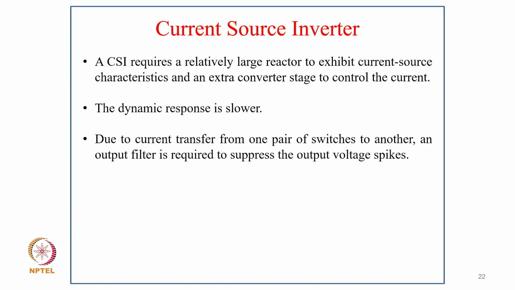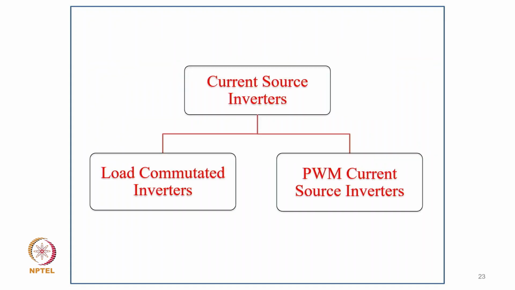Then a current source inverter requires a relatively large reactor to exhibit current source characteristic and an extra converter stage to control the current, and the dynamic response is slower because of the large inductor and due to the current transfer from one pair of switches to another, and a filter is required to suppress the output voltage spike.